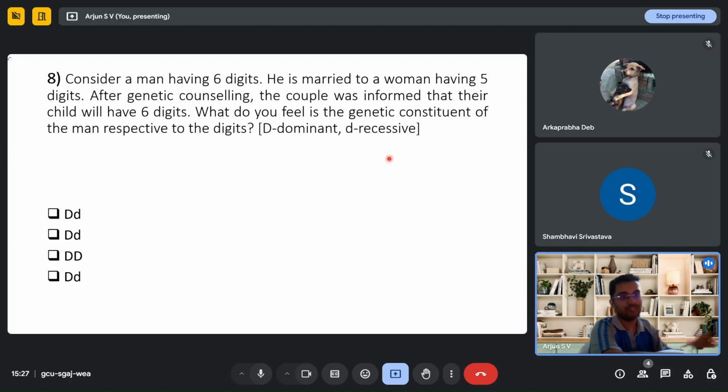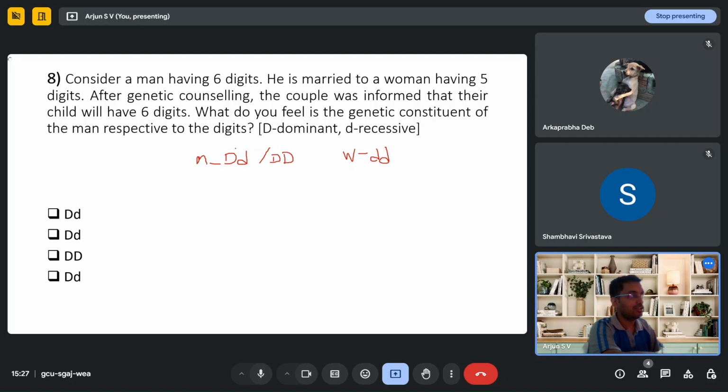So if the woman has 5 digits, then the woman should have small d, small d. So both of them should be recessive. And then the man has 6 digits. So we are doubtful whether the man will have capital D small d or capital D capital D. The couple was informed that their child will have 6 digits.